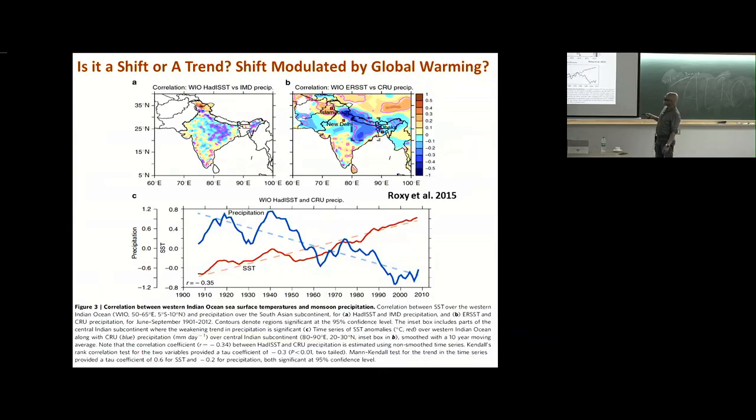So if this trend is true, then we are saying aerosols are potentially responsible, but the problem is aerosols were not that high here, they became much higher here, and so on. So there are issues in explaining this.